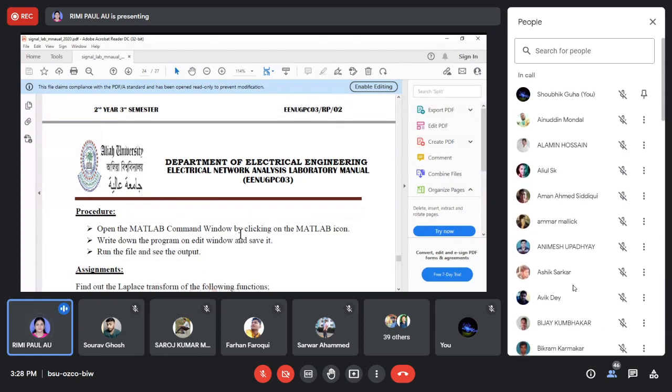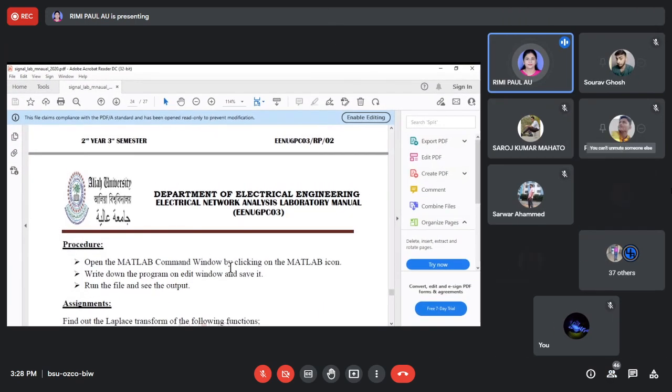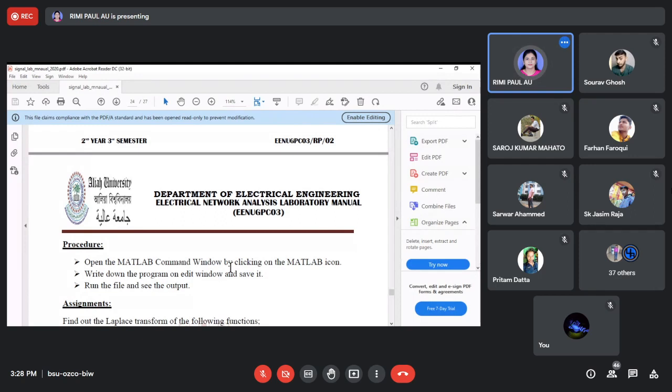I don't know actually what will happen after 16 November. That's why experiment number 5 you have to submit both in the classroom as well as hard copy within the 16th November week, that means 17 and 19 November. But for Laplace transform, I am giving you time and you will have to just submit the hard copy.